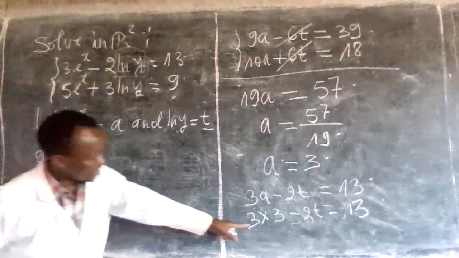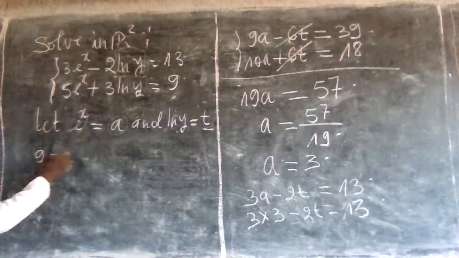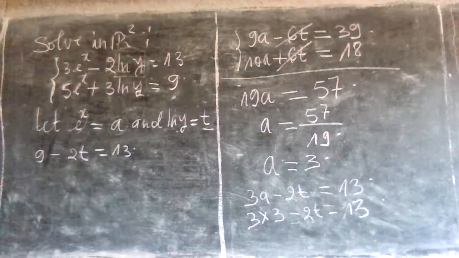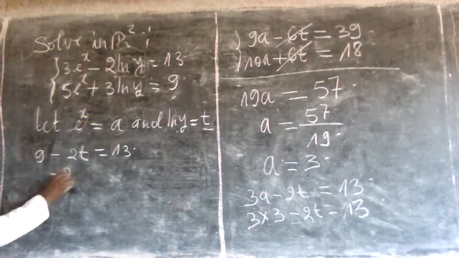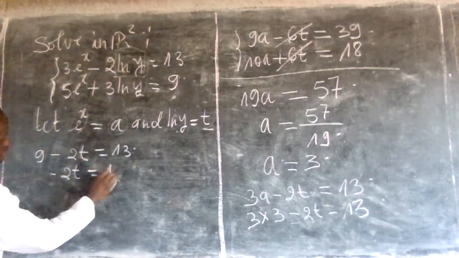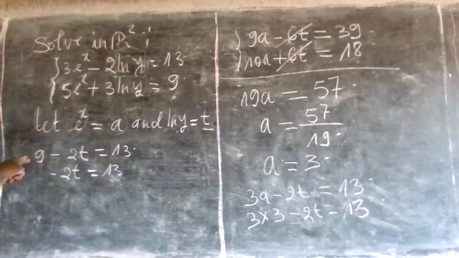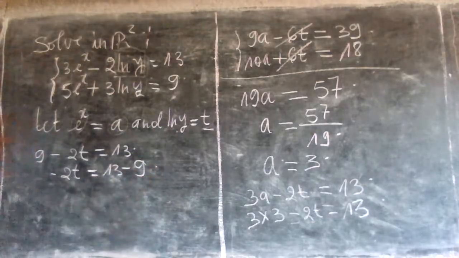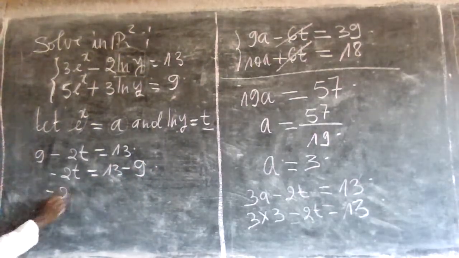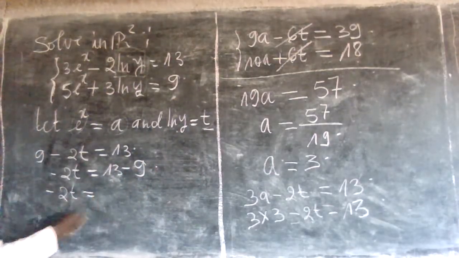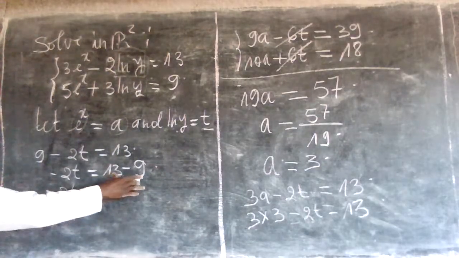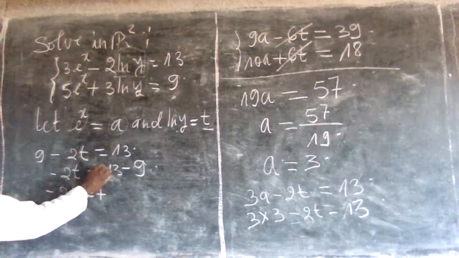It is 3 times that 3 minus 2t, which is equal to 13. Now minus 2t, it will be 13. This 9 has a positive sign. It comes to the second member, means the sign will be changed into minus 9. Finally, minus 2t will be equal to, it is plus, because we are subtracting with different signs.